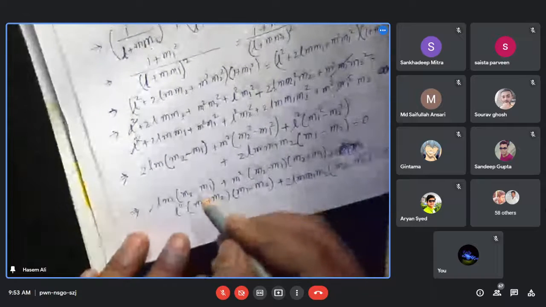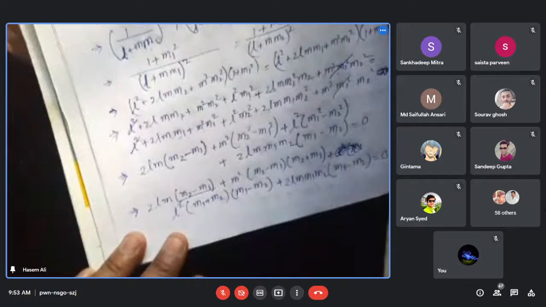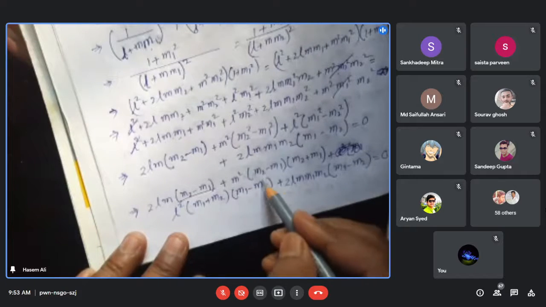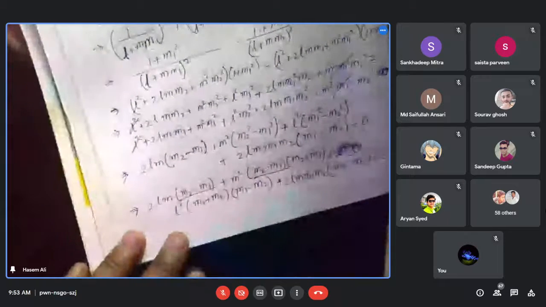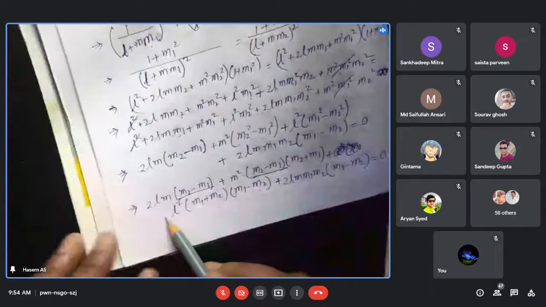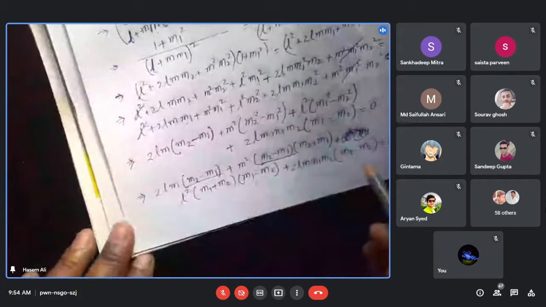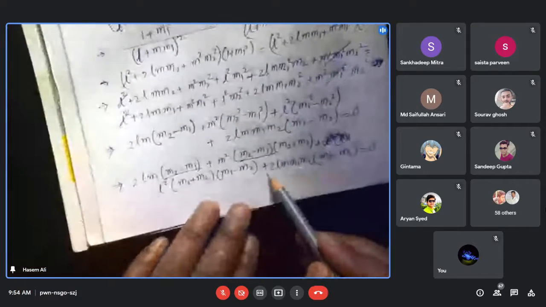Now see this. This is m2 minus m1. This is m2 minus m1. And here m1 minus m2. So if we change the sign, that is if we write here minus, then this will be m2 minus m1, and also same, this will be minus m2 minus m1.